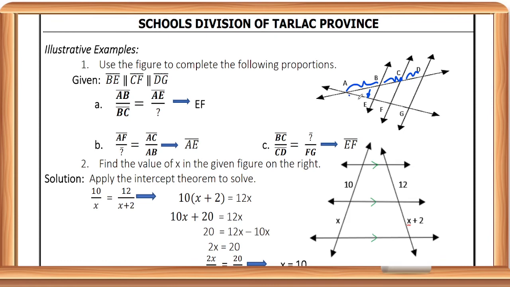So that means AB over BC must be equal to AE over the corresponding part of BC, which is EF. Just look at the corresponding parts and you won't get lost.